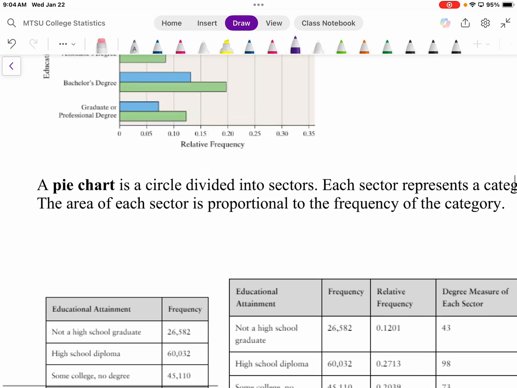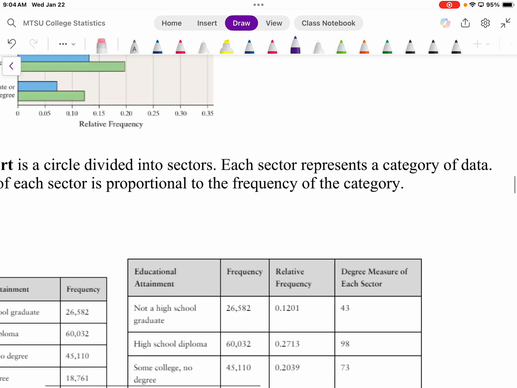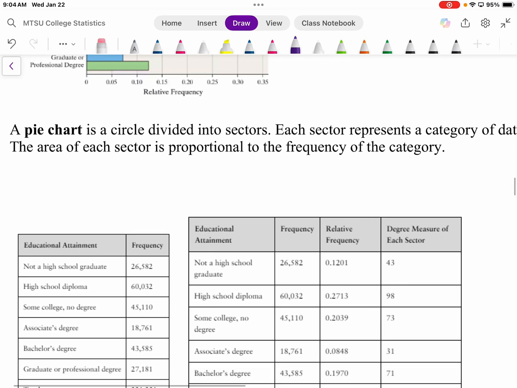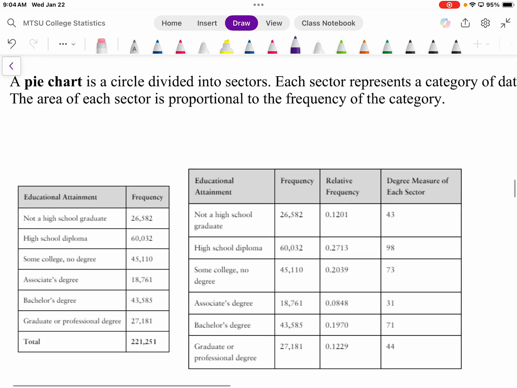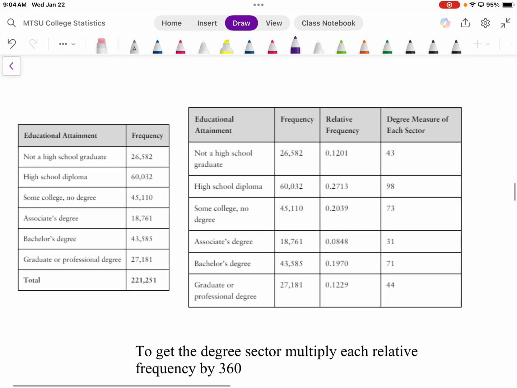A pie chart is a circle divided into sectors. Each sector represents a category of data. The area of each sector is proportional to the frequency of the category. Now, this one gets a little bit challenging. Instead of you having to do the whole table here, basically, I made a little note: once we look at the frequency, we get the relative frequency like we just did in the previous example.